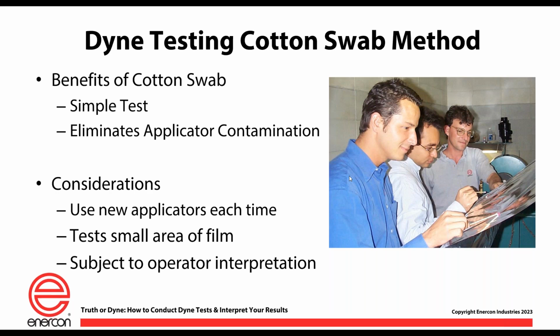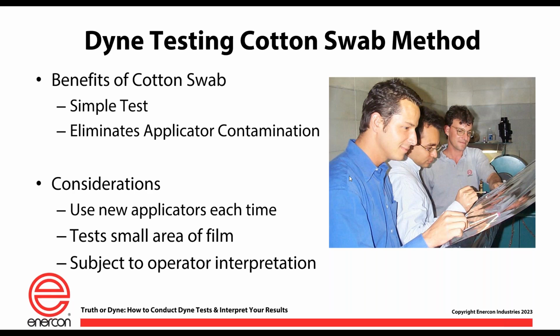Now, the other benefit to this that we didn't put in the slide, but I think it's a big one, and you also see this benefit illustrated down the line here as we continue, is that you have a comparison, right? You can take a 40 Dyne solution in one spot, 42 Dyne solution in another spot, 44 Dyne solution in another spot, as an example.